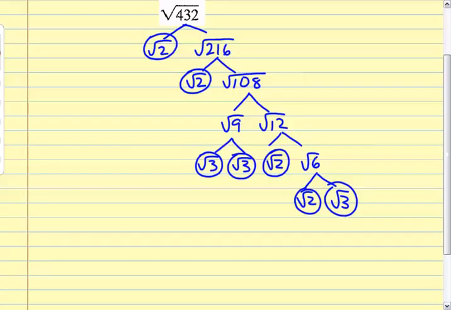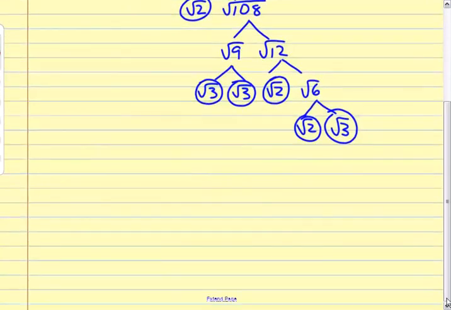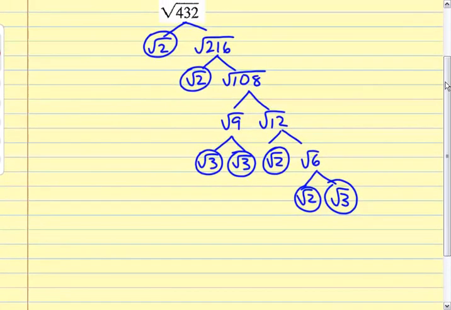All right. It looks like we've simplified it as much as we can. There's nothing else to break down. So now let's write our prime factorization. Okay. So I've got root 2 times root 2 times root 2. Write them in order because it'll help organize it for you. Times root 2.